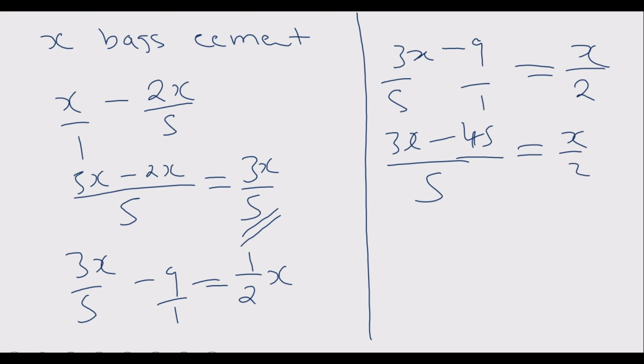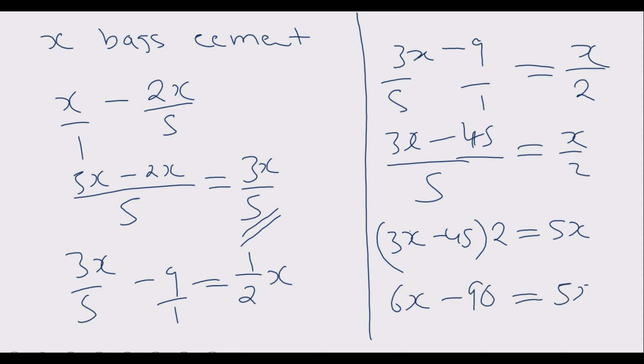We cross multiply. So what we get basically is 3x minus 45 times 2 is equal to 5x. 3x multiplied by 2 is 6x, minus 2 times 45 is 90, is equal to 5x.